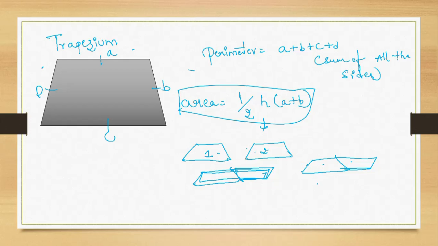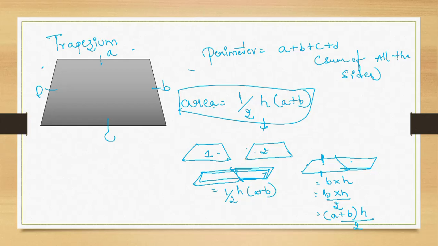Now we know that the area of a rectangle is base into height, and in one rectangle we get two trapeziums. So for a single trapezium we want to divide it by 2, base into height by 2. In the trapezium we get two parallel sides, so in the place of base we write one parallel side A and another parallel side B, H the whole divided by 2. So the formula of the trapezium is half into H of (A plus B).